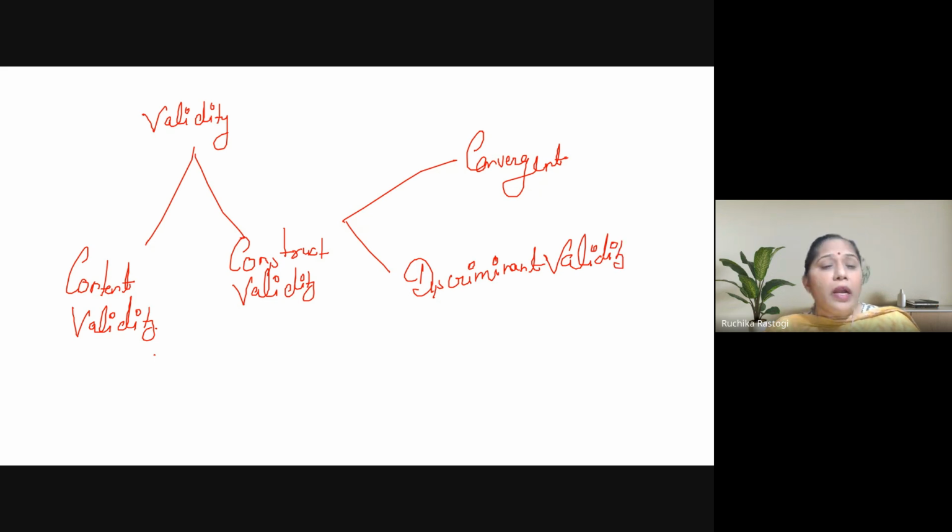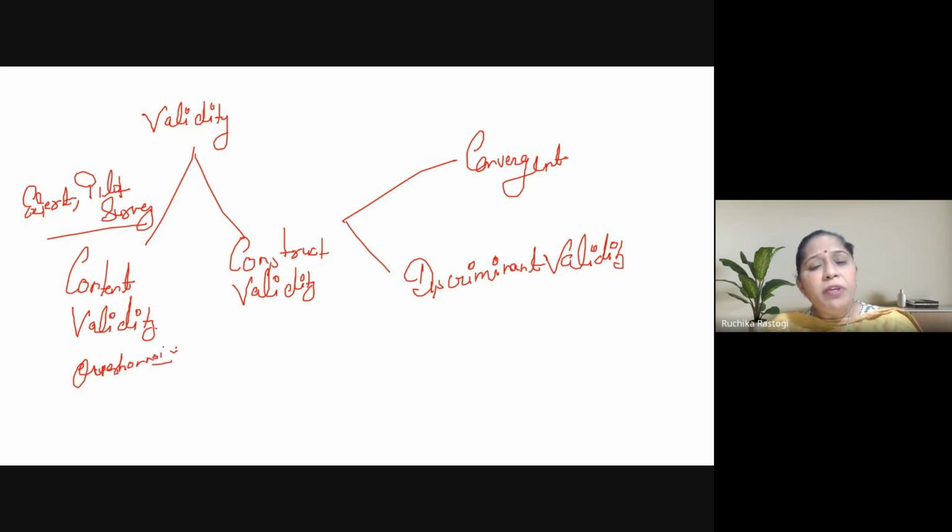Now, content validity is very easy. Content validity can be easily done with the help of expert suggestions or a pilot survey. Whatever questionnaire is prepared, we will show that questionnaire to some experts.